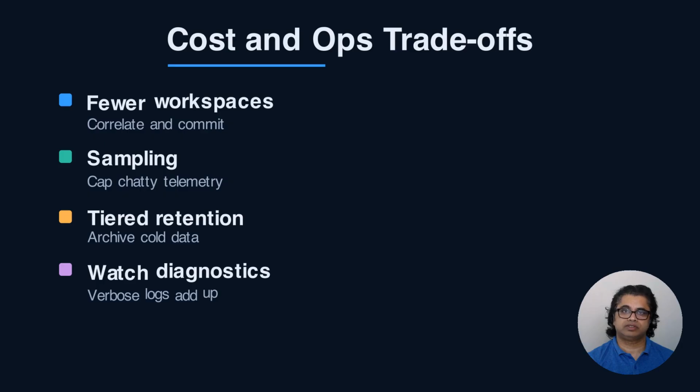Set per table retention and move rarely queried data to cheaper archive tiers. And watch verbose diagnostic settings on services like Application Gateway or firewalls, which can quietly dump tens of gigabytes a day.